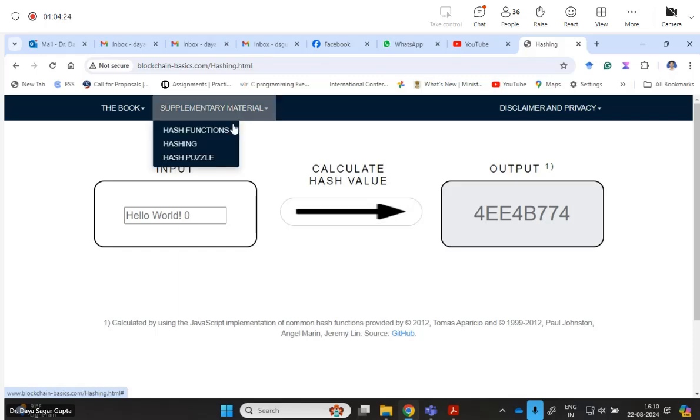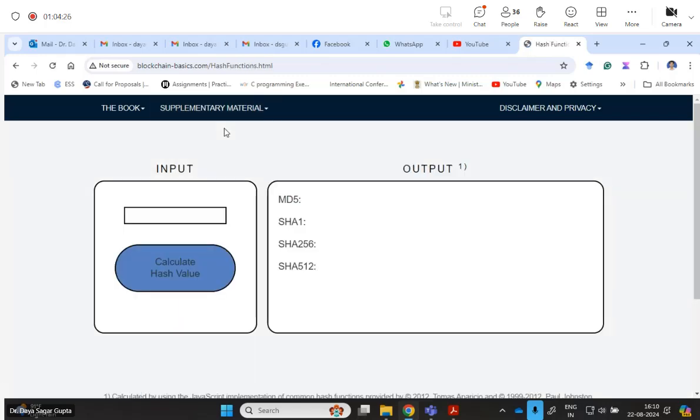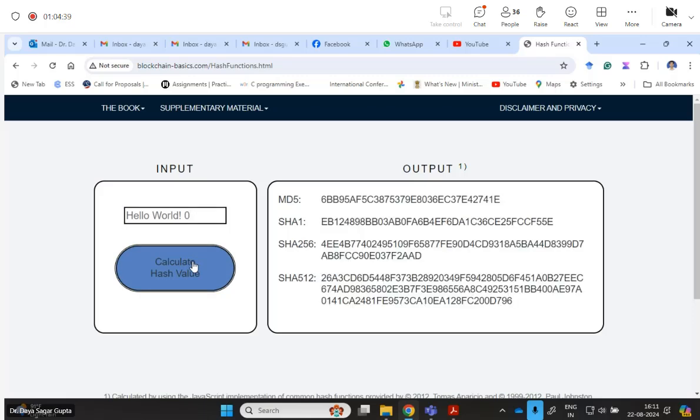In the supplementary material part, hash functions are there, and I am going to write hello world with nonce 0. I will get different types of values: MD5, SHA-1, SHA-256, SHA-512. What are these? These are nothing but cryptographic hash algorithms.